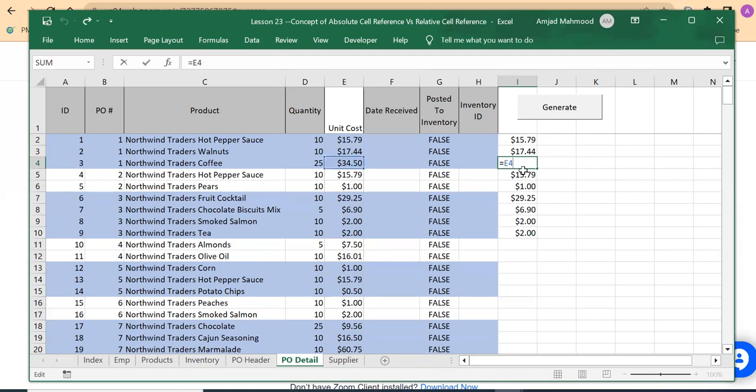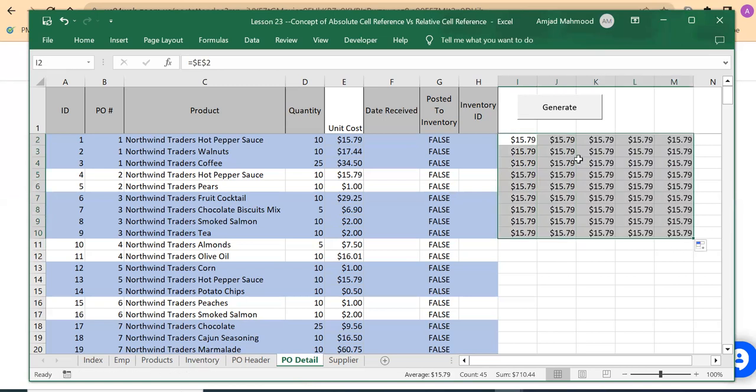This is happening because we have not used the $ sign. If we make it absolute by pressing F4 in edit mode and then copy it, it will always remain E2, whether we copy it downwards or rightwards, because of these $ signs.